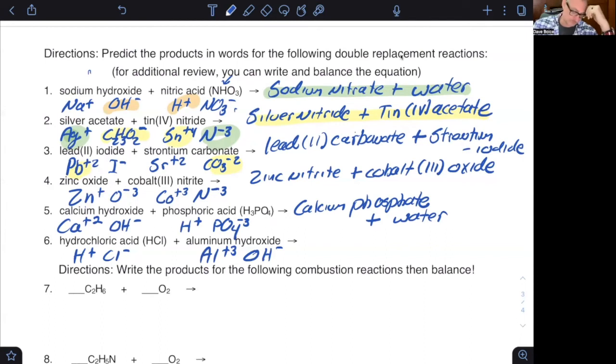It's still the two compounds that are going to form. But let's just go ahead and put aluminum and chlorine together, plus water. Our aluminum, our positive, is going to bond to the negative, and we're left with water.